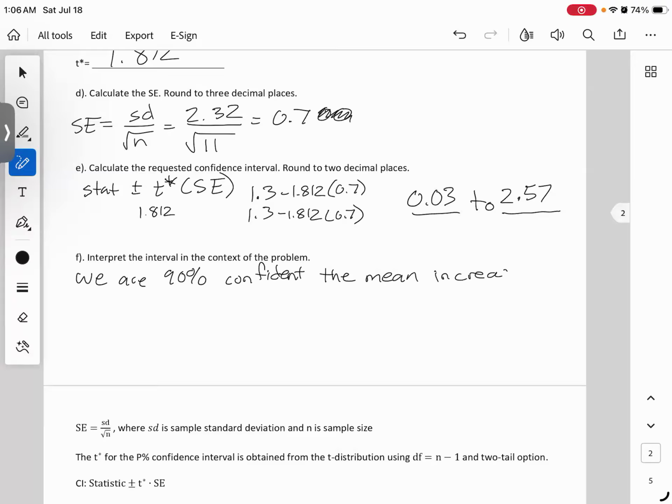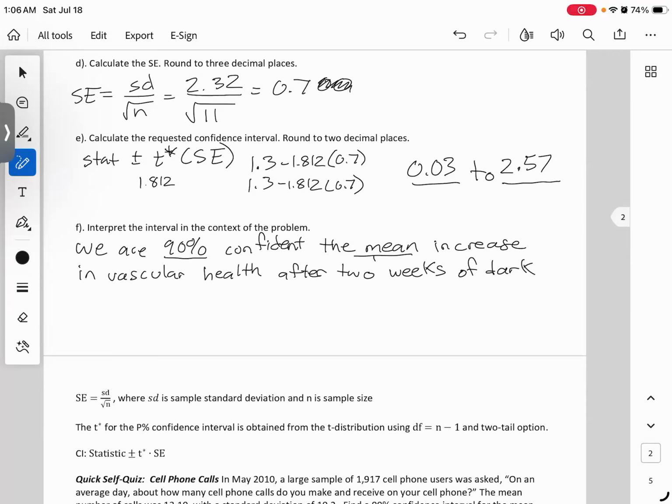And notice that test 4, we're still going to need our template for interpreting confidence intervals. So we're going to start off with the level, 95% confident. And then we want to mention whether it's mean or proportion. Today's lesson is about averages, about mean. And then the second line that I'm writing here is what the variable is, the increase in vascular health.